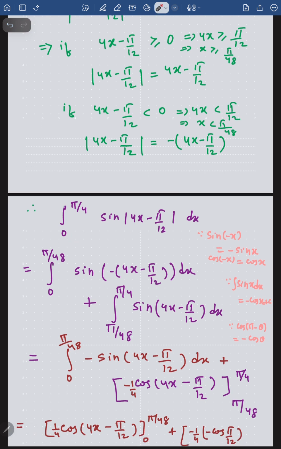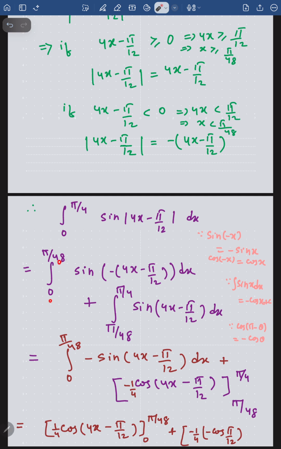So, the integration from 0 to pi by 4 of sine of 4x minus pi by 12 under mod. We will divide it into parts so that the modulus is applied where it is positive and where it is negative.